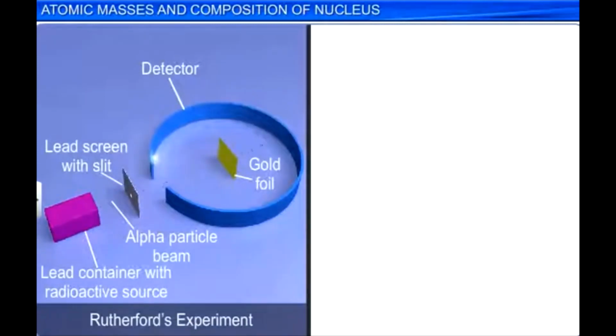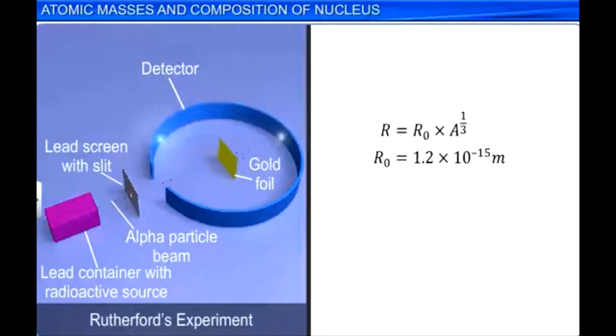It was found that a nucleus of atomic mass number A has a radius r which is equal to r0 into A power 1 by 3, where r0, a constant, is equal to 1.2 × 10⁻¹⁵ meter. Compared to an atom, the nucleus is very small, nearly 10⁴ times smaller than an atom.